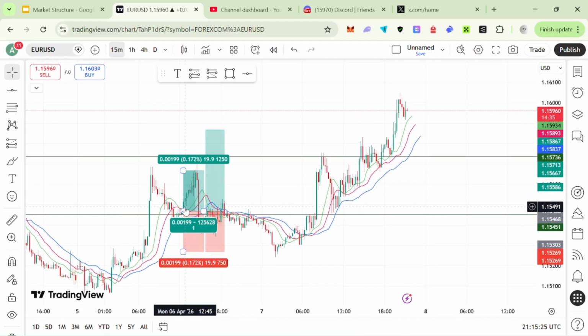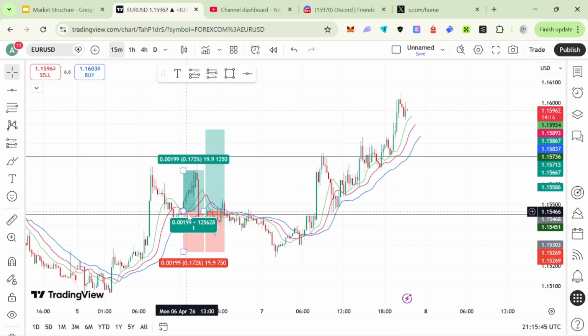So let's say there's trader A and trader B. Now trader A got in on the trade, and when price reached a 1-to-1 risk to reward, trader A closed 50% of his profits.